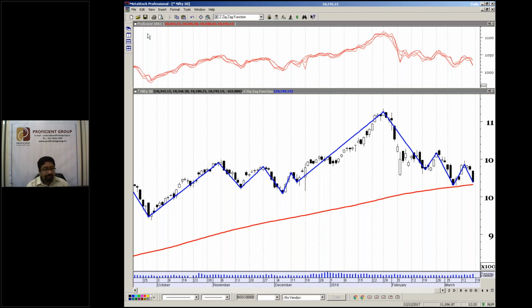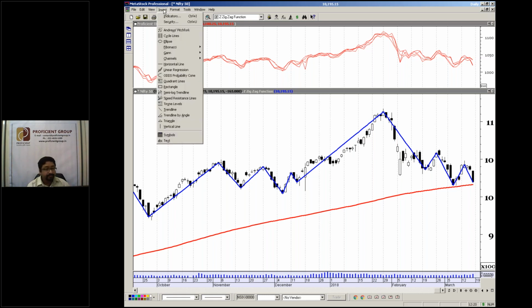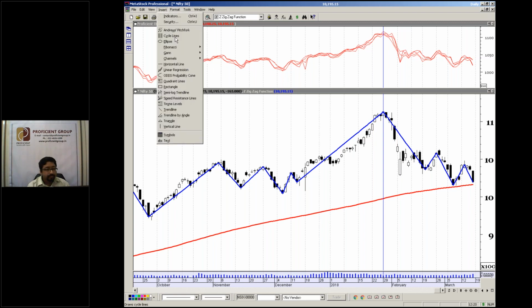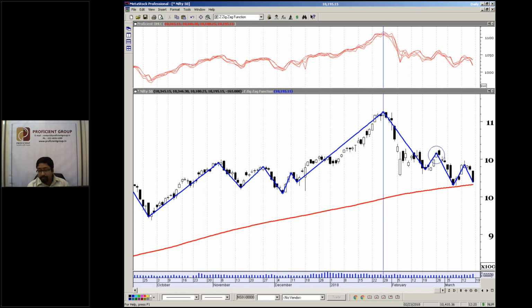You can see as of the third week of January, at around this point, Nifty made a significant high top at around 11,130 levels, and after that the zigzag is showing significant lower top, lower bottom formations, right? This is a top for Nifty. Now this is another top for Nifty.